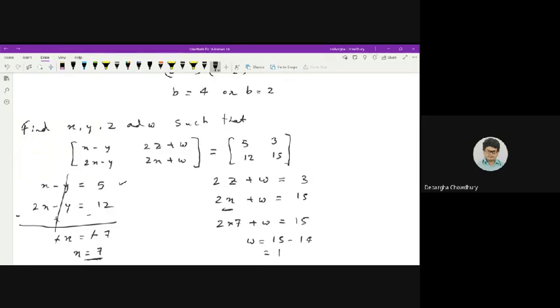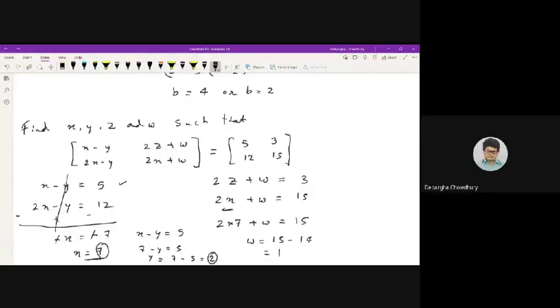We have x minus y equals 5, so 7 minus y equals 5. So y equals 7 minus 5, which is 2.